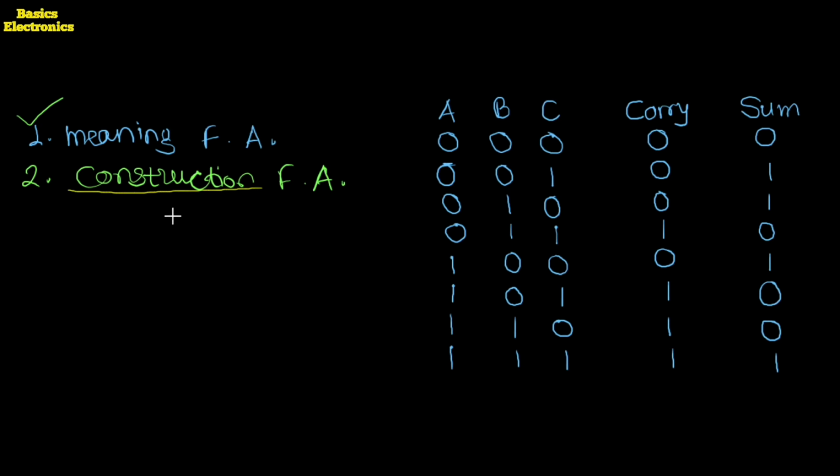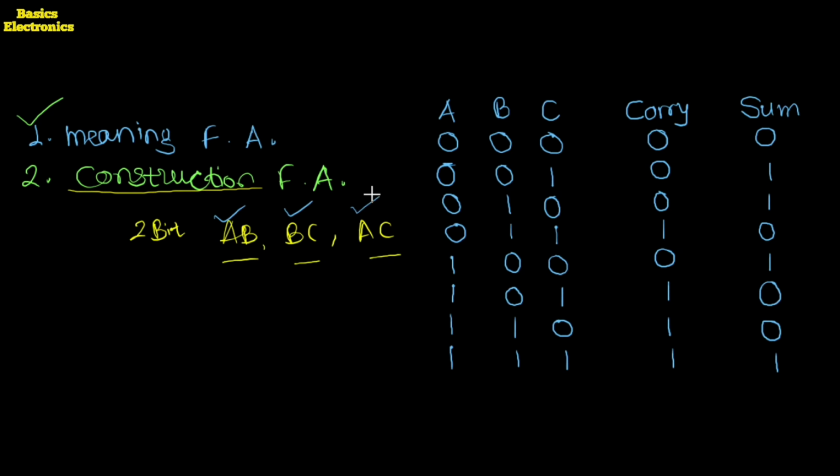In construction, you can write down that there are 3 binary bits, and from that we make the combinations of 2 binary bits, such as AB, BC and AC. These are applied to the individual AND gates. To the first AND gate we apply AB, to the second AND gate we apply BC, and to the third AND gate we apply AC.